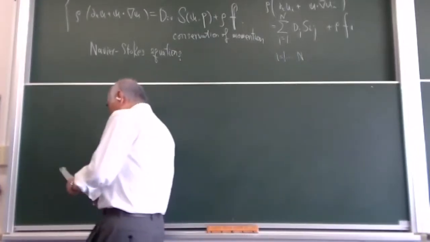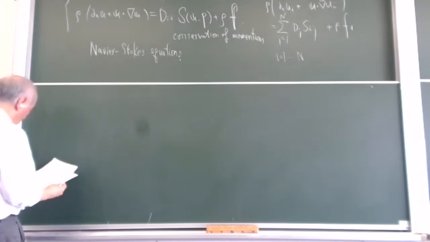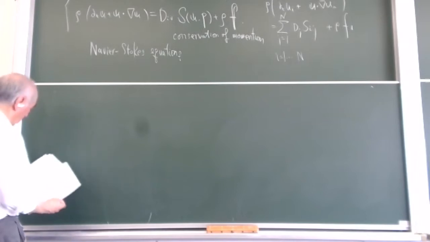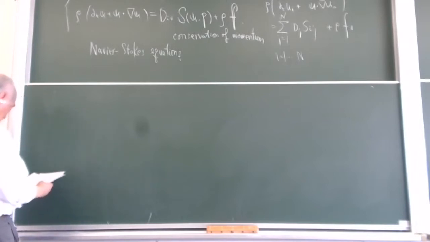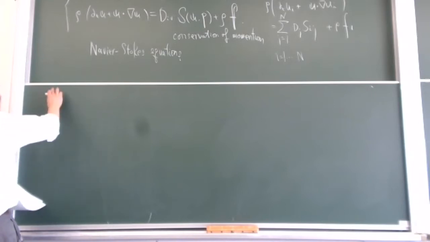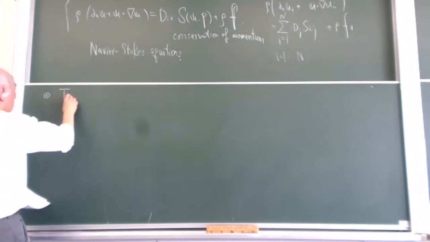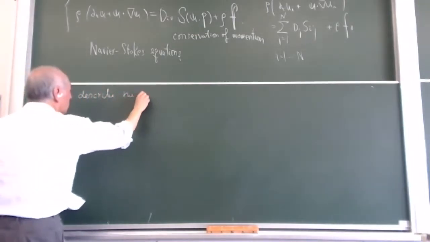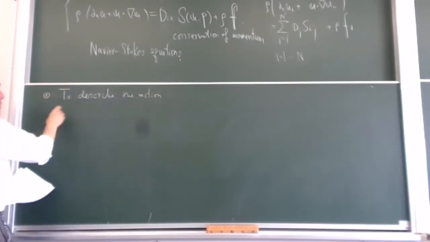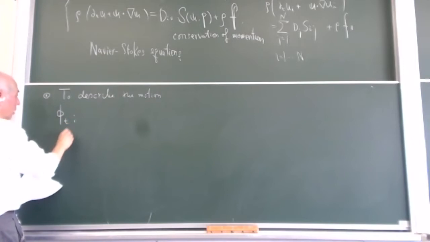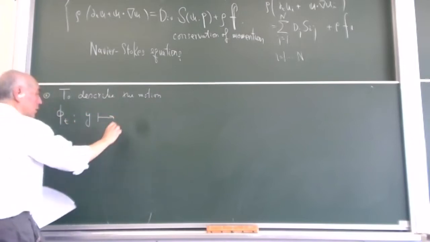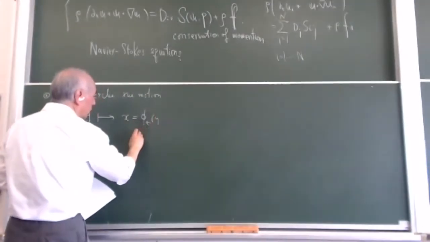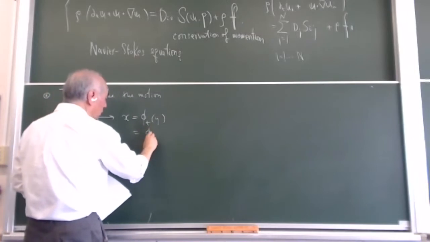Maybe we have to consider some of the Lagrange ideas. To describe the motion, I use a map phi_t, y maps to x, an n vector.